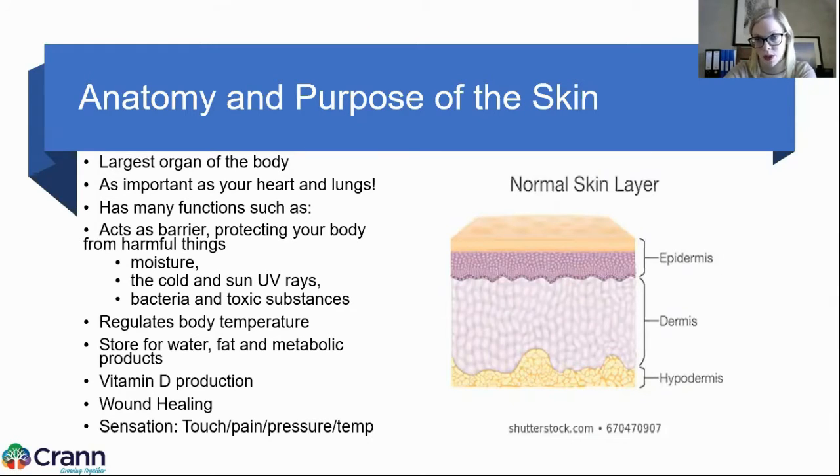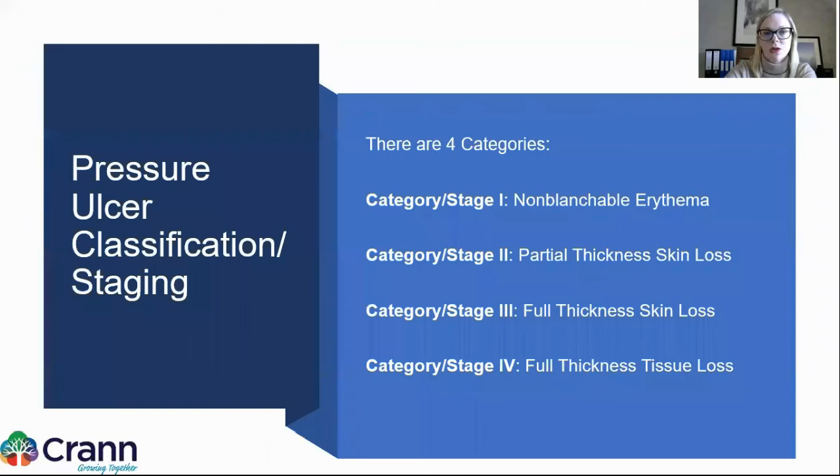It's involved in wound healing, obviously, and it's related to your sensation, whether you've touch, pain, pressure, or you can sense temperature. Your three main layers, and there's actually double that amount of layers, but these are your three main layers: this is your epidermis, the second one is your dermis, and this is your hypodermis. There's three layers of skin, and it's just to show you the different levels of involvement of each grade of pressure ulcer.